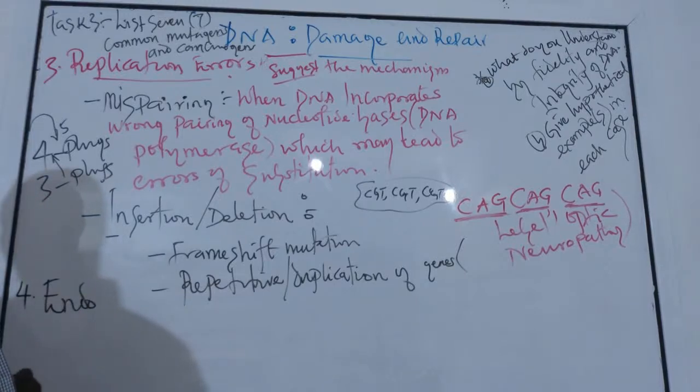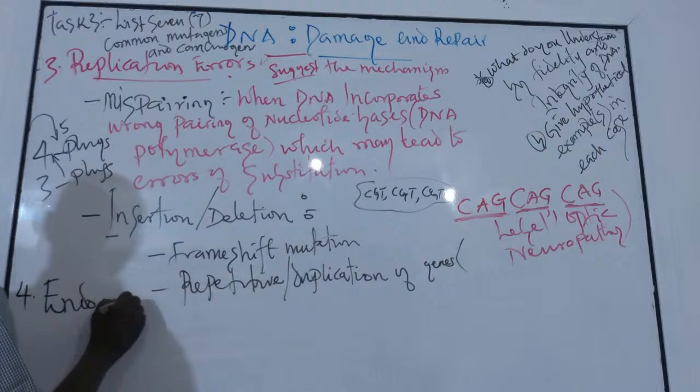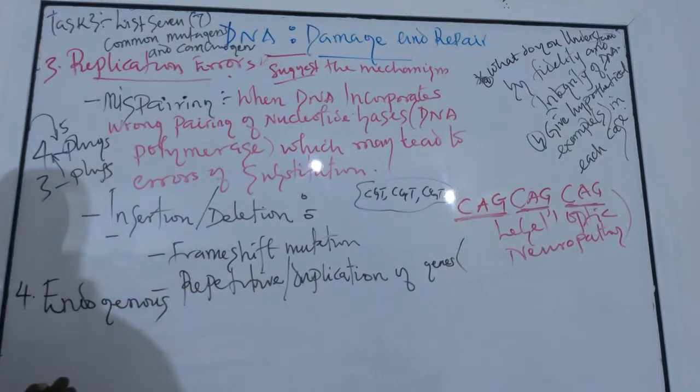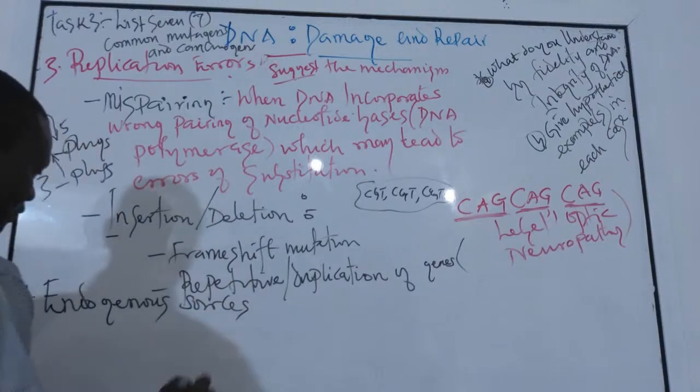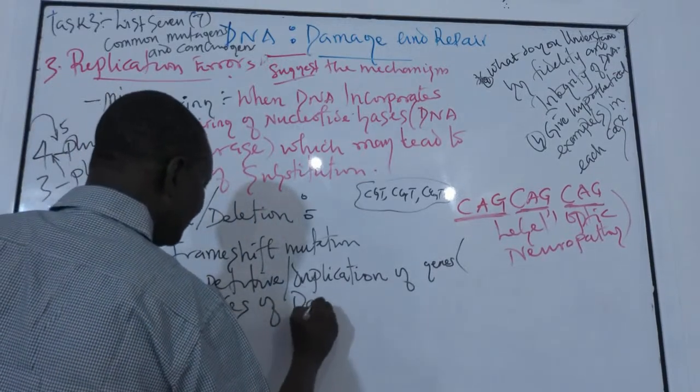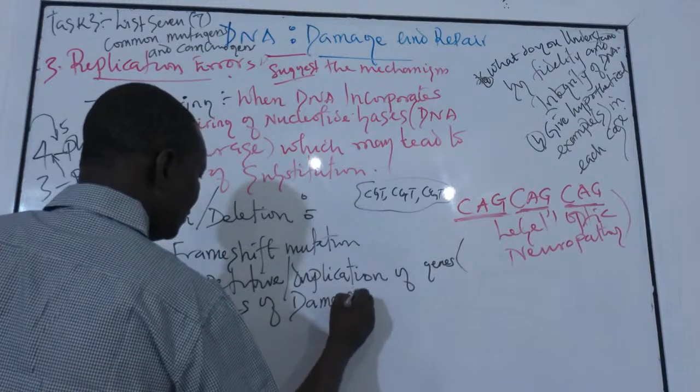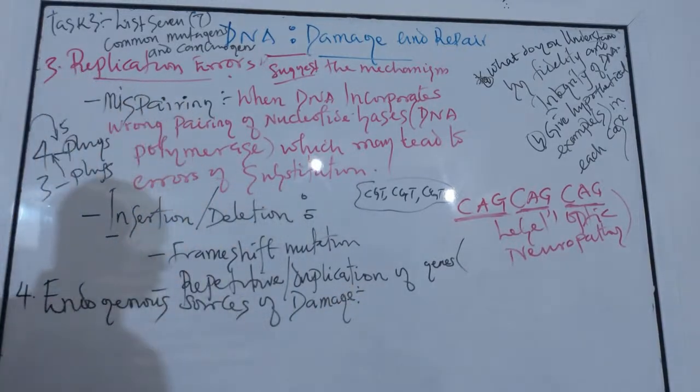So lastly, the last category is endogenous sources of damage. I told you about sources of damage before we started this class.